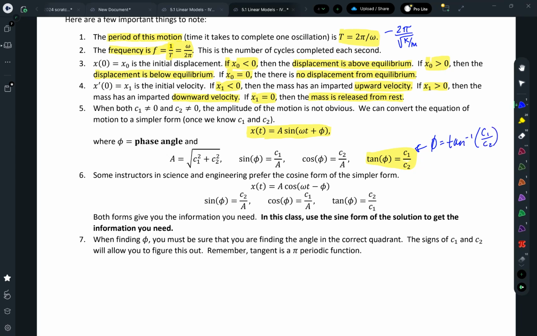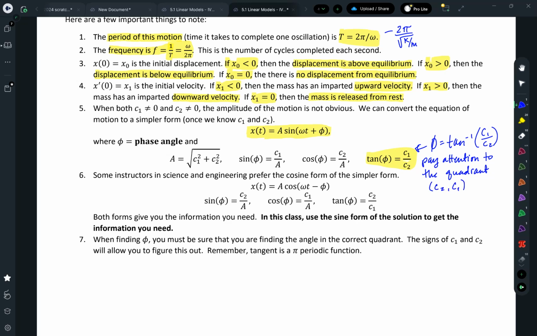But here my note is to pay attention to the quadrant of where C2 and C1 are, right?